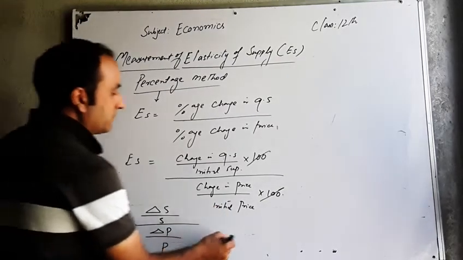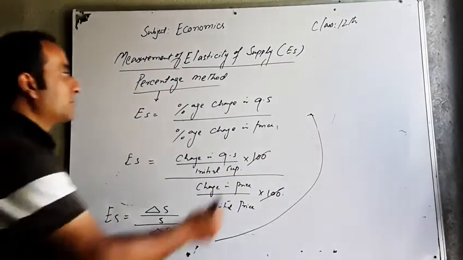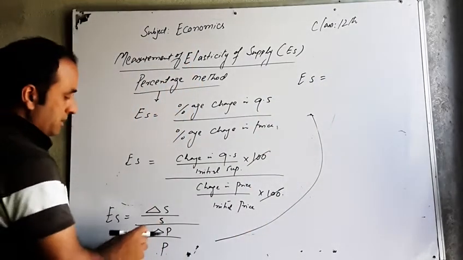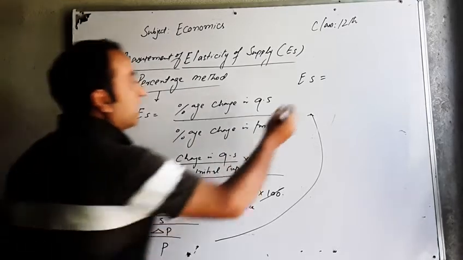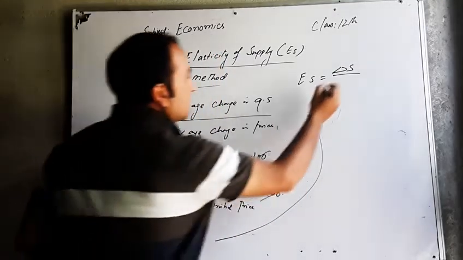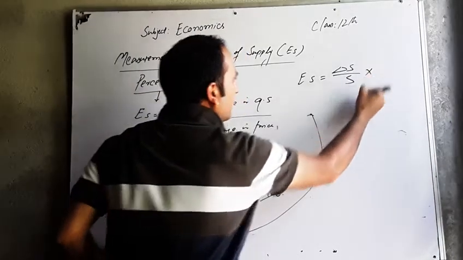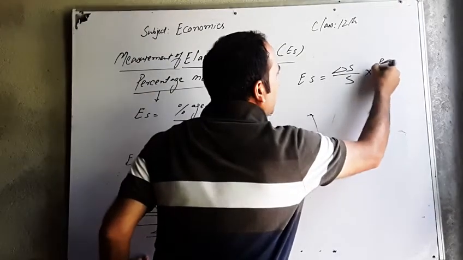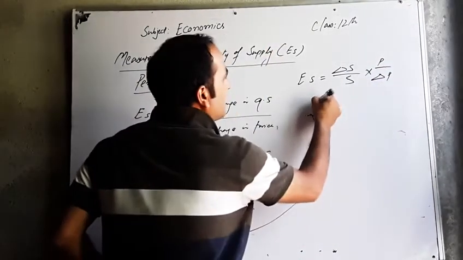If we explain it further, elasticity of supply is equal to change in S divided by S, the initial supply, whole divided by change in P divided by P. The division gets transferred into multiplication, and it becomes the reciprocal, P divided by change in P. Let's take the changes one side.